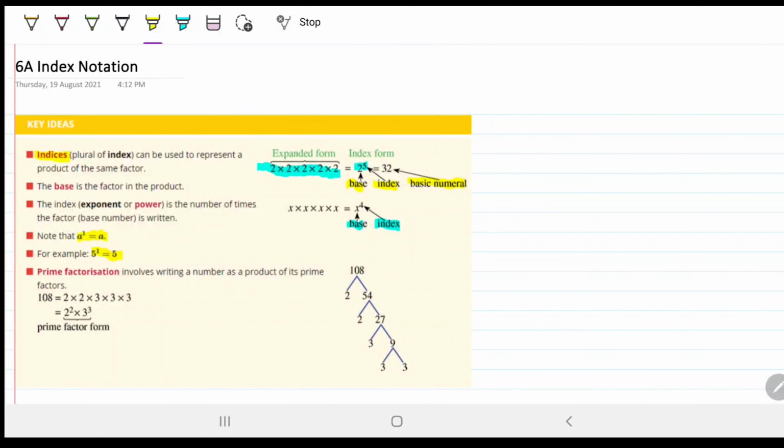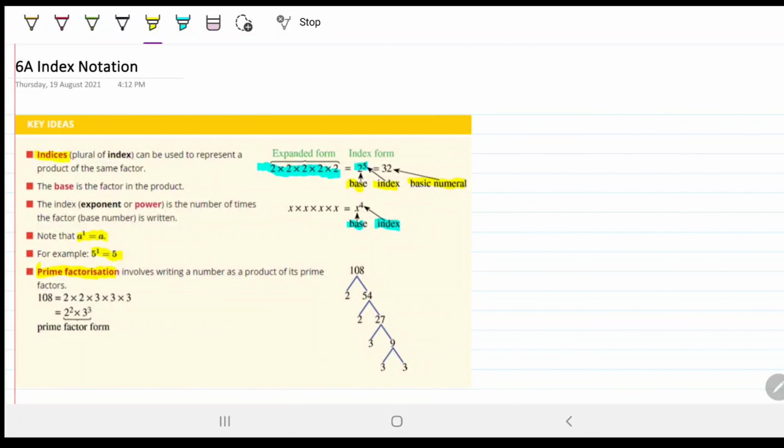And the final concept I want to cover in this video is prime factorisation. So it involves writing a number as a product of its primes. So for example, if I have the number 108, we need to break this down into the smallest numbers possible, into its prime factors.